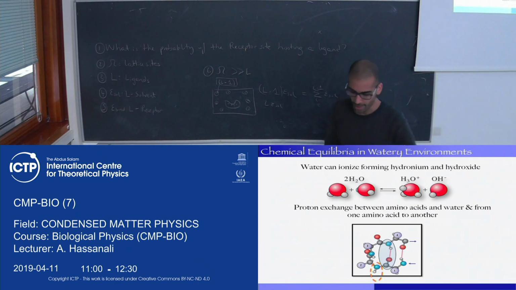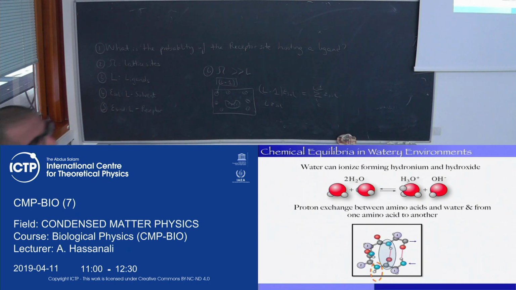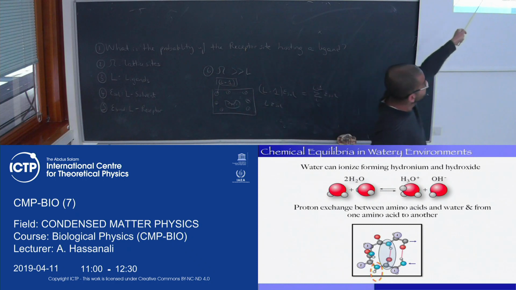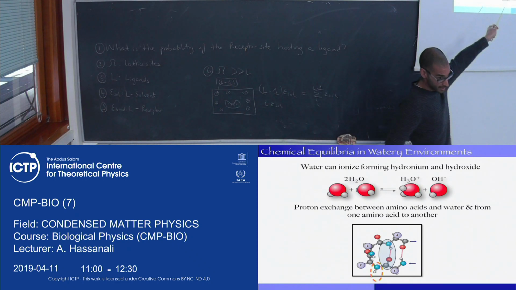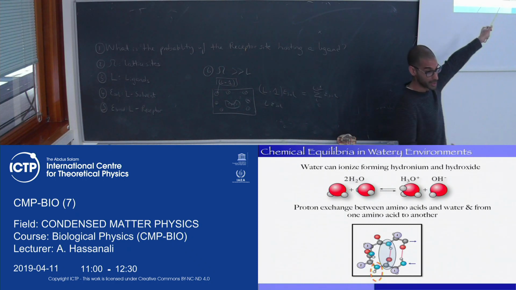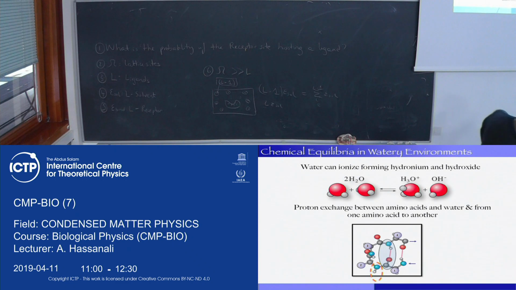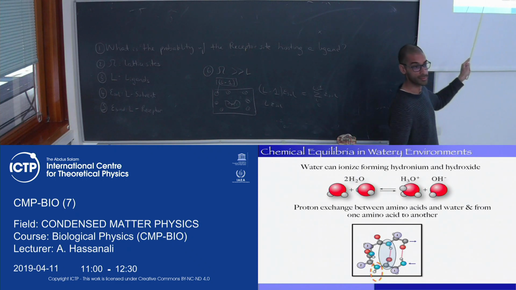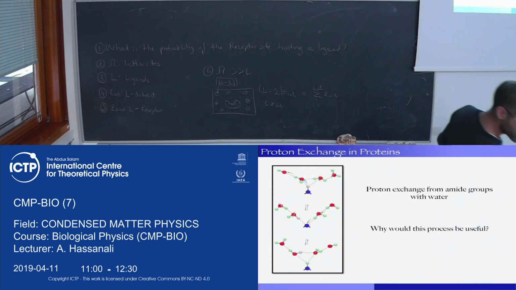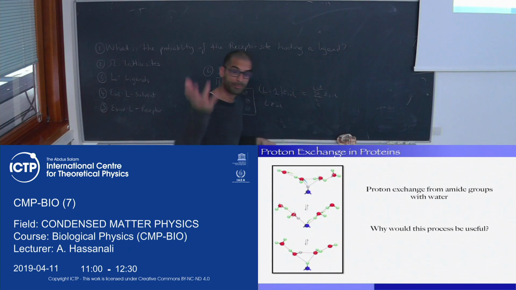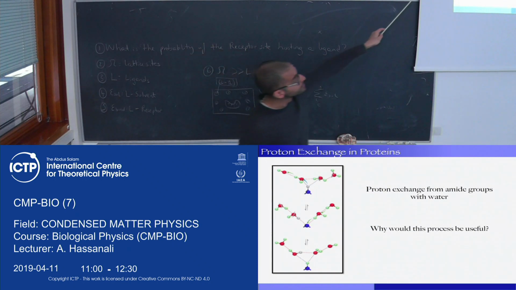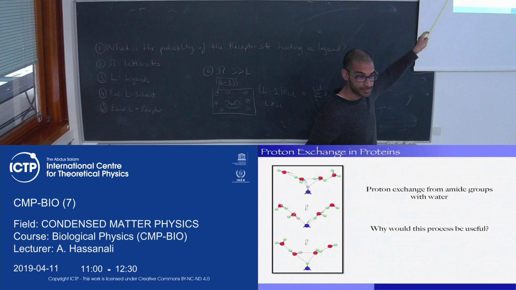Now, why do we care about this? We care because these species can affect the stability of protein structures in highly non-trivial ways. This happens in water. But if you go back to your peptide backbone, remember there's an NH group.